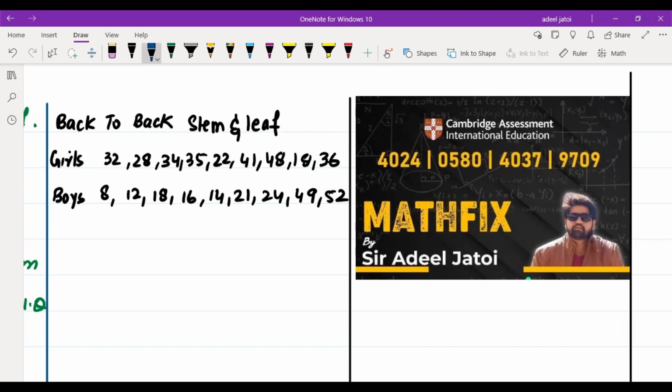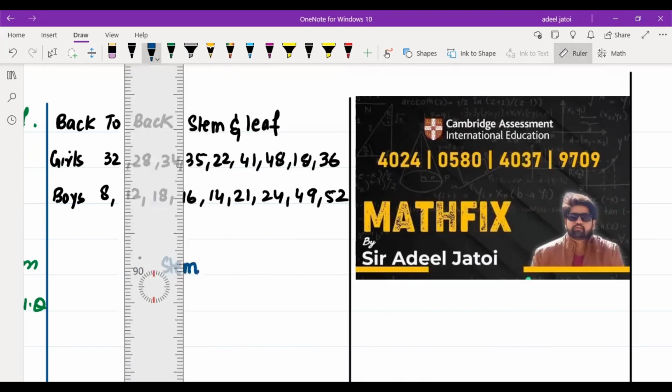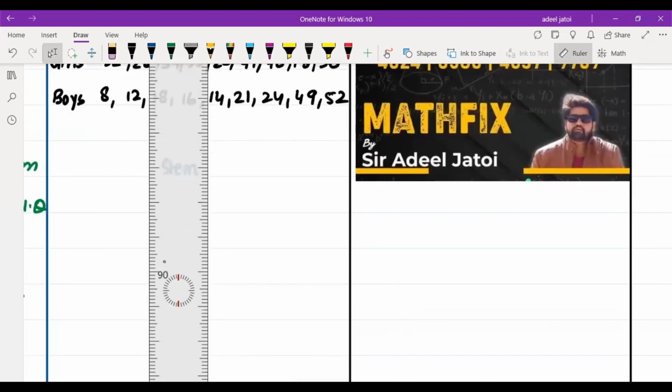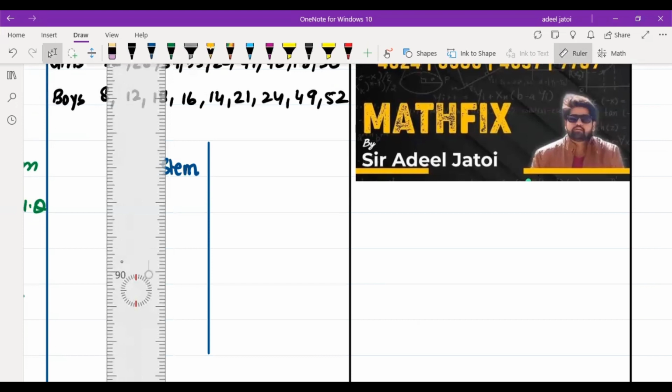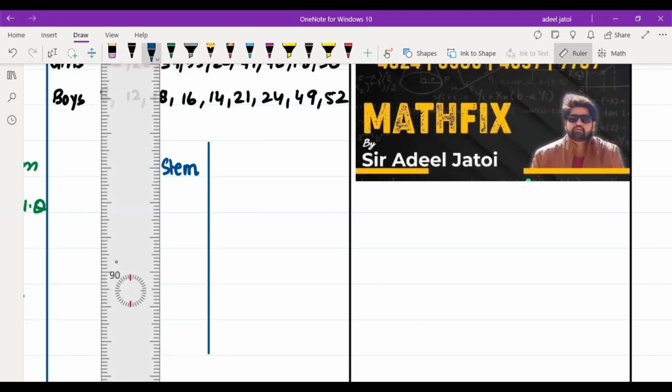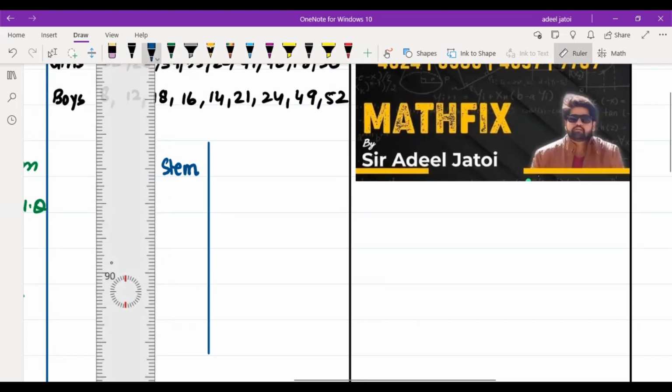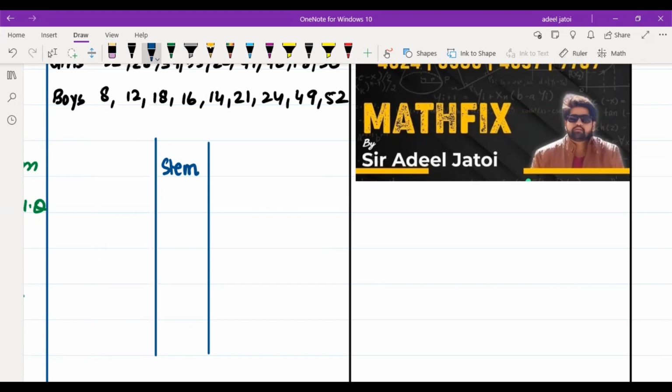So if we just write down the stem here, you need to understand your leaves will be on both sides now. Your leaves will be on the right and also on the left. One side will represent one data set, and the other side will represent the other.